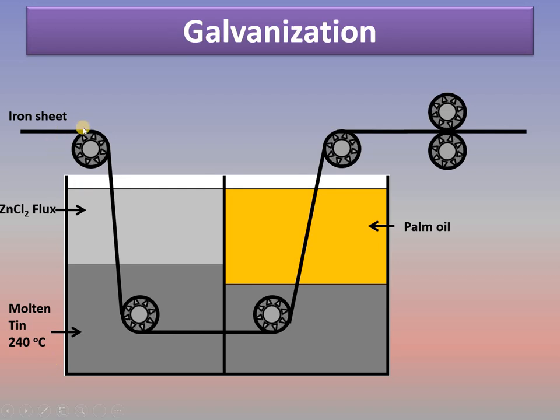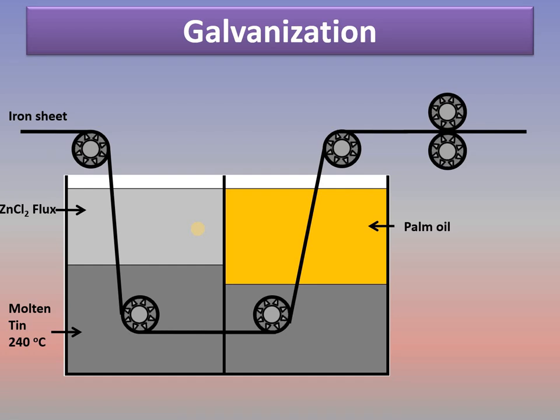So, the iron sheet which is to be coated by the tin is first passed through the zinc chloride flux, then it is passed through the molten tin, and after having the tin coating it is further passed through the palm oil compartment. Here the flux will improve the adhering quality of the iron sheet.